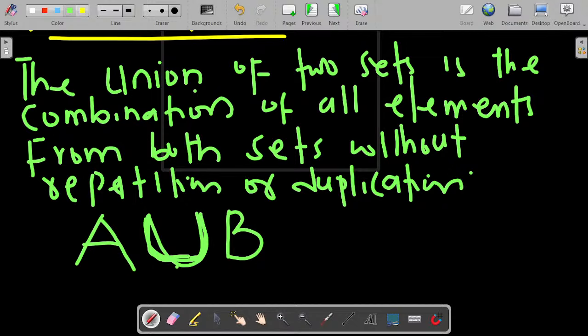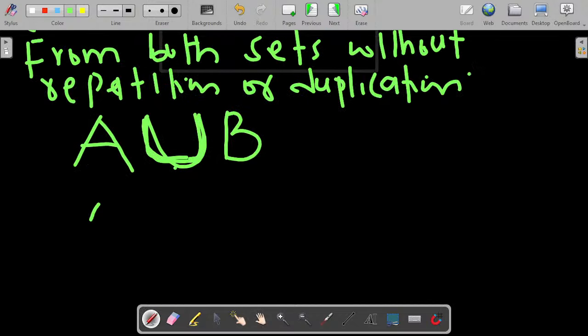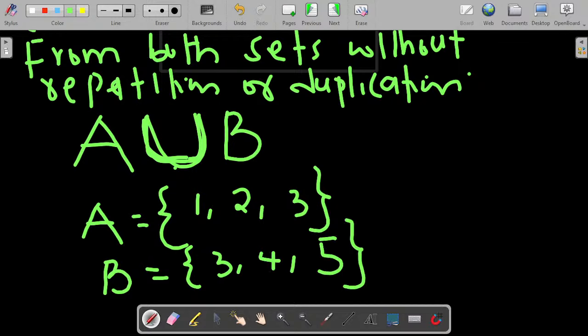Okay, so let's take for instance, if I have set A, remember we said earlier, a set is represented by a capital letter. Set A is 1, 2, 3. Then they gave us set B as 3, 4, and 5, for instance.